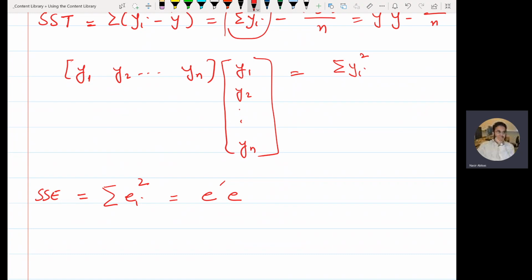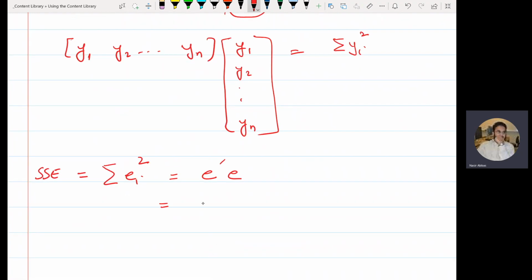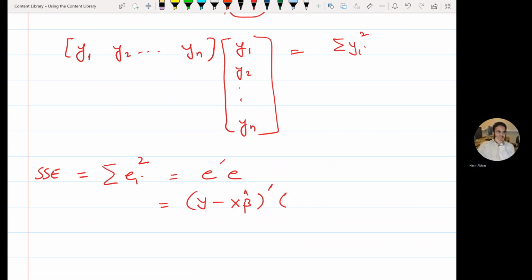Now to simplify this expression, I'm going to put in the definition of e, which is y minus x beta hat. E prime will be y minus x beta hat, prime, times y minus x beta hat. Yes, y is a vector, x is a matrix, beta hat is a vector. So in the bracket is e, then prime, and then I have e.